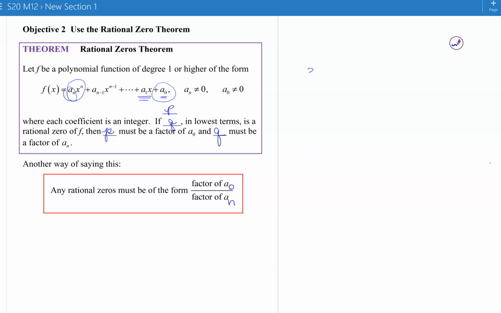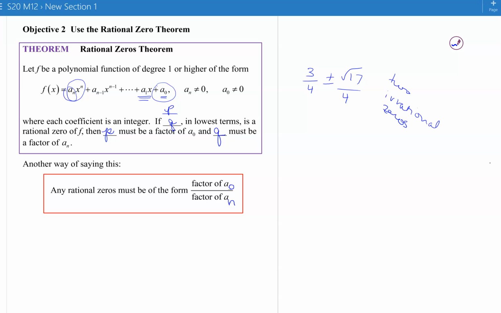We already talked about if your only zeros are 3 plus or minus the square root of 17 over 4, these are two irrational zeros, and this theorem is not going to find them.